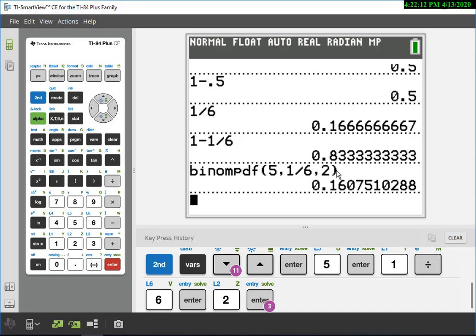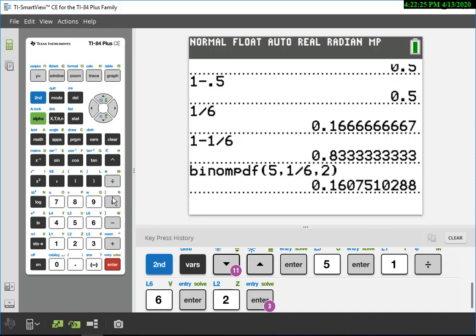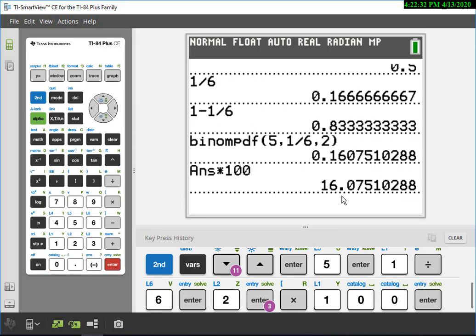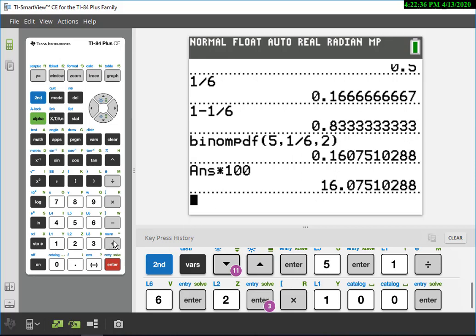So the probability of rolling the number of your choice 2 times out of the 5 is 0.16, or 16%, if we multiply by 100 to convert it to a percentage. Now, I could calculate the complement of this, which means I can find the probability that my number does not appear 2 times.